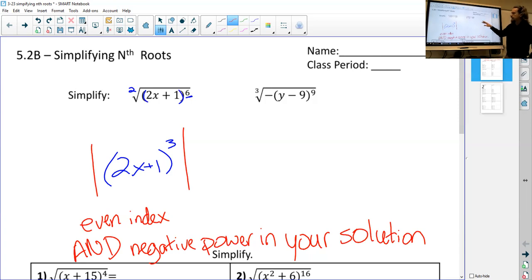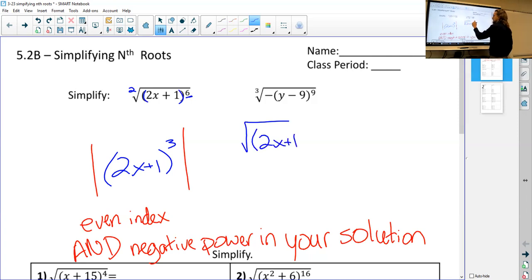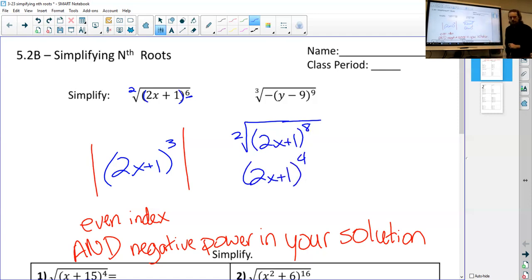Okay? If we changed the problem, if we said this was the square root of, let's say 2x plus 1 to the 8th power, right? So I'll put my 2 out here. If I divide 8 by 2, I would get 2x plus 1 to the 4th power.